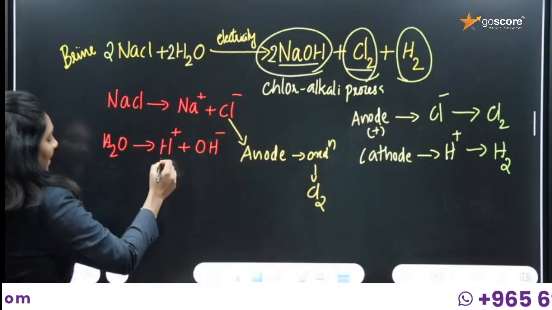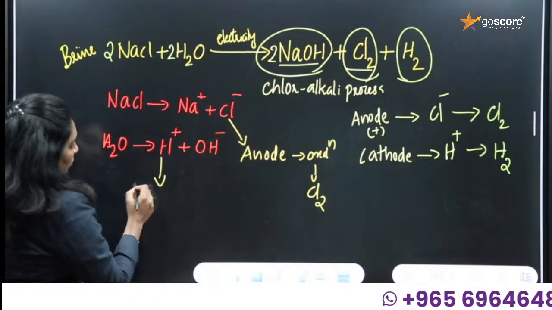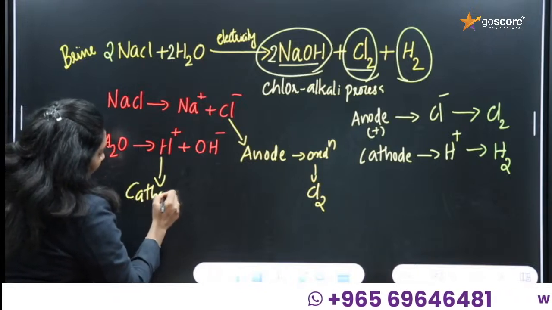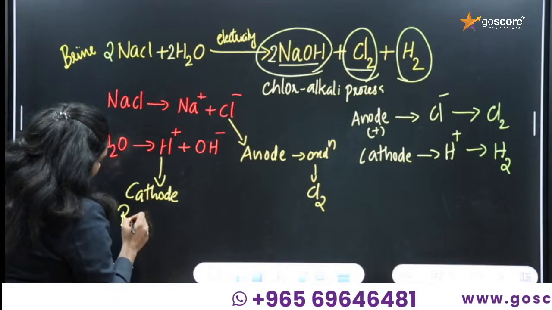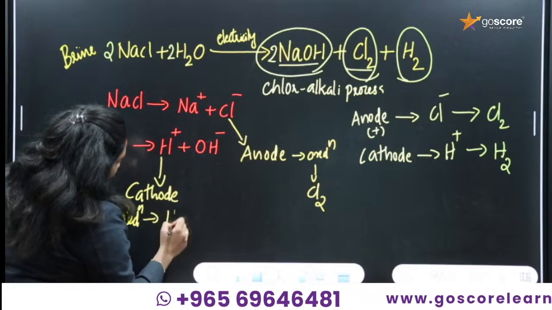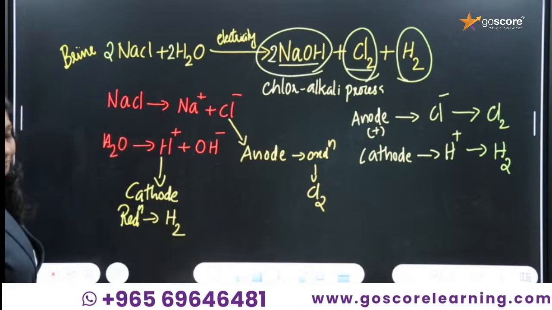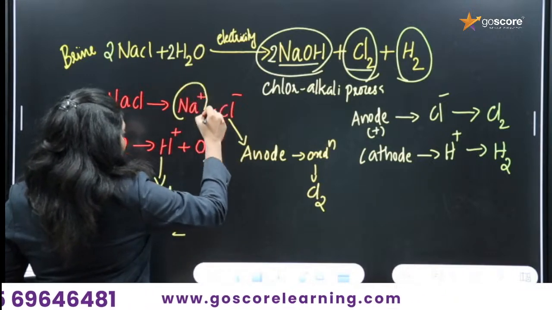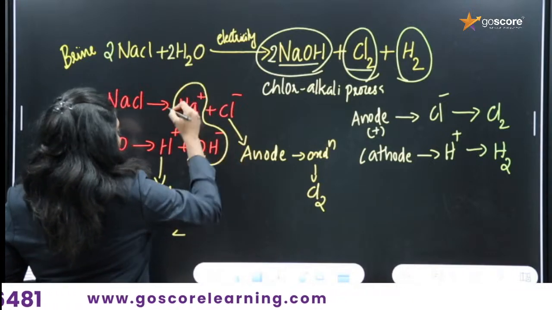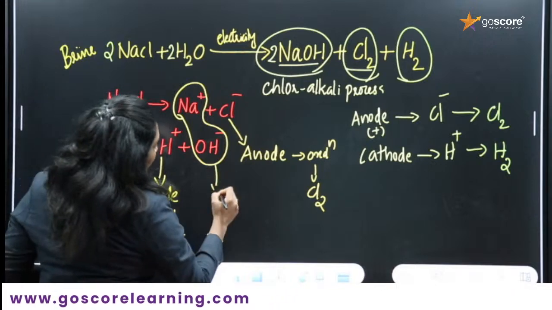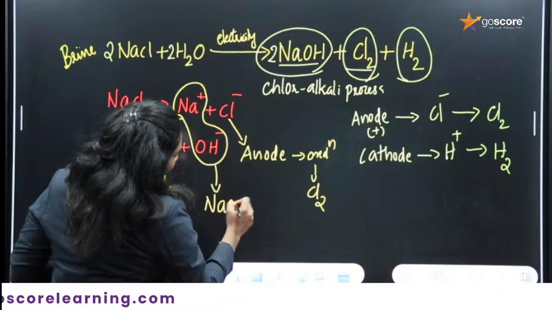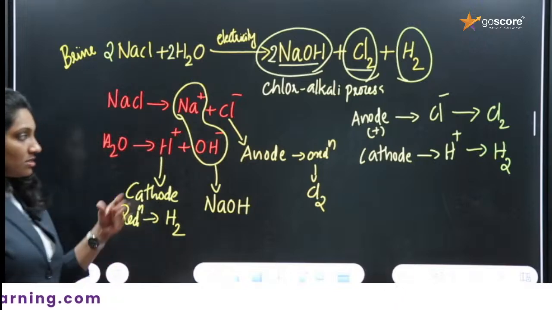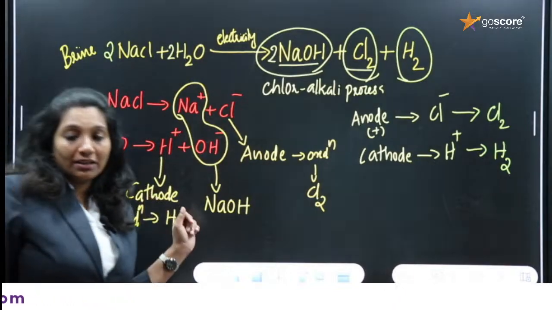Okay, this H plus ion will be moving to the cathode, where it will undergo the reduction to convert to hydrogen gas. Right? And this Na plus ion and the OH minus ion will be combining to form NaOH. This is what is happening in the chloralkali process.